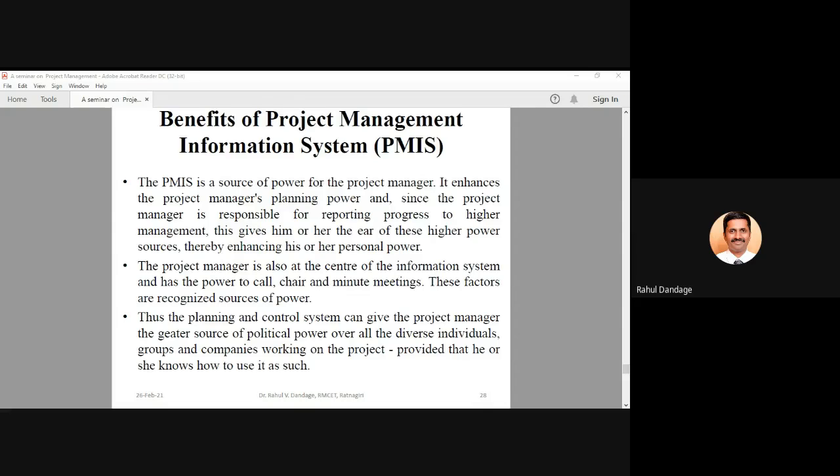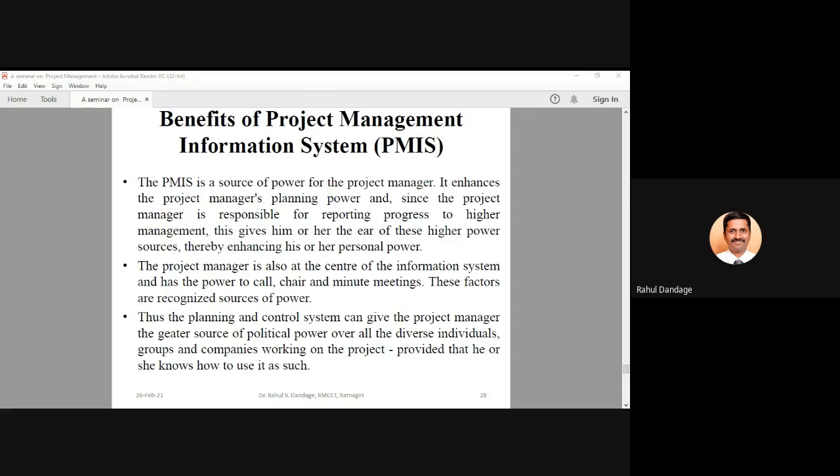The planning and control system can give the project manager greater source of political power over all the diverse individuals, groups, and companies working on the project, provided that he or she knows how to use it as such. So, if the project manager knows that PMIS system properly, then he can have the planning and control of the entire project. He can have that power to manage all the individuals or the groups or the various organizations working on that project.